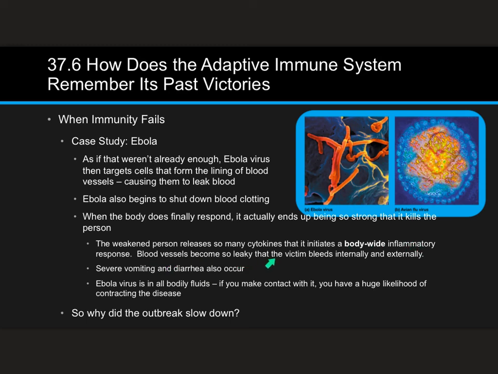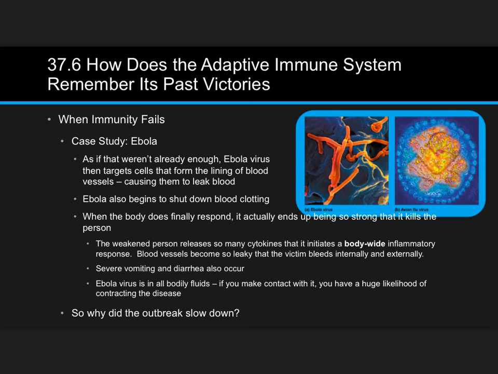The blood vessels become so leaky that the victim bleeds internally and externally. So your own immune system gets hijacked by Ebola, and then after that, when it does finally start working, it basically puts your whole body into an inflammatory response. You get severe vomiting and diarrhea, and then Ebola virus is basically in every bodily fluid, and the problem is if you make contact with it, you have a huge likelihood of contracting the disease.